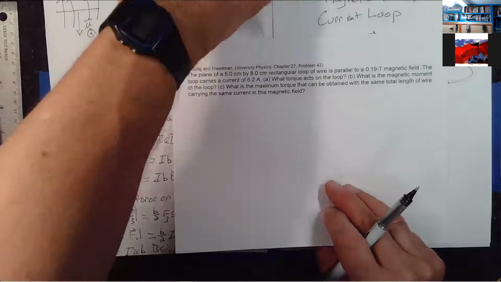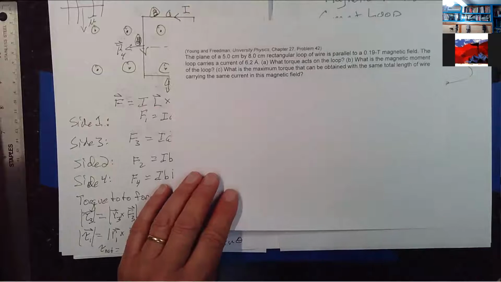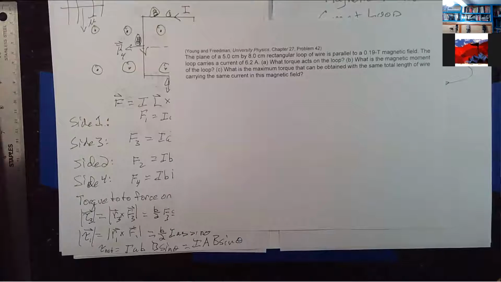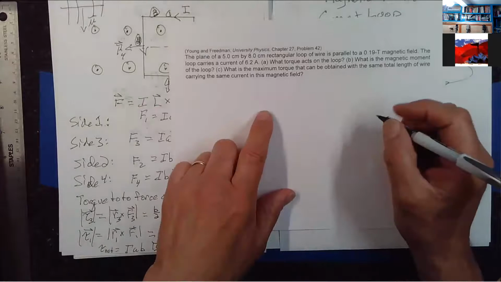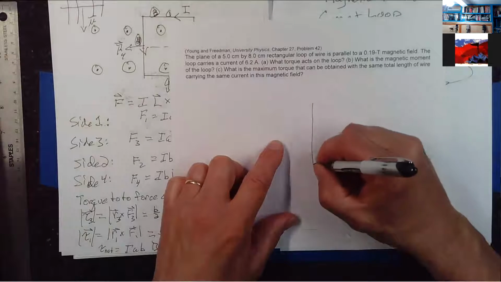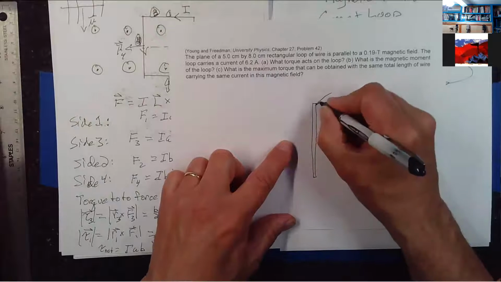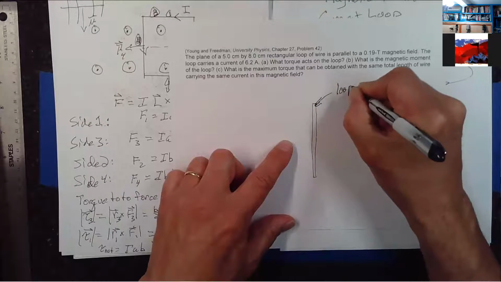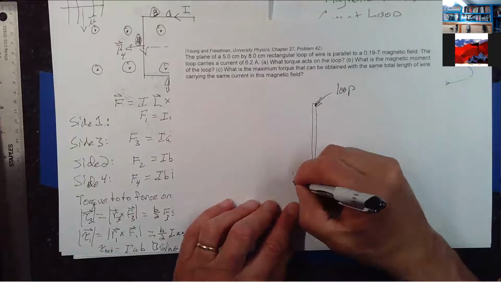Here we have the plane of a 5 by 8 centimeter rectangular loop of wire that is parallel to a 0.19 Tesla magnetic field. So here we've got, this can be the plane of the loop, and it says it's parallel to a magnetic field.